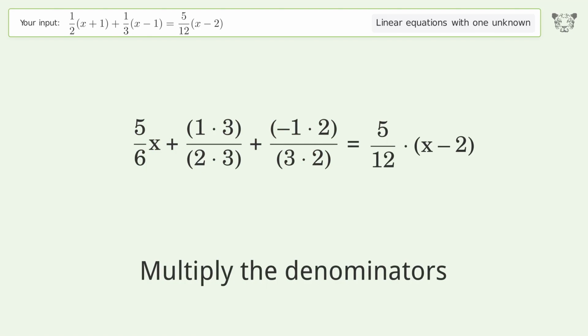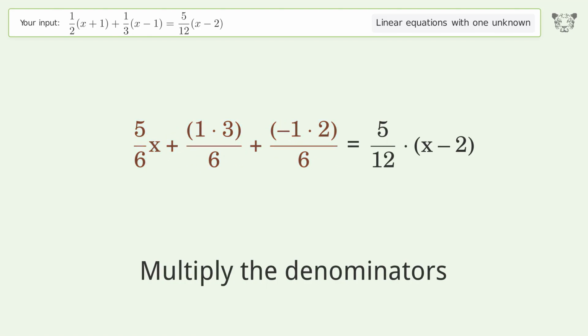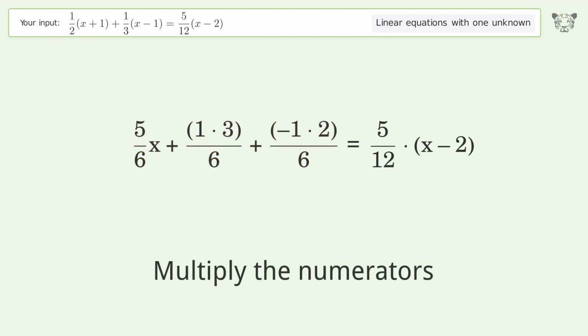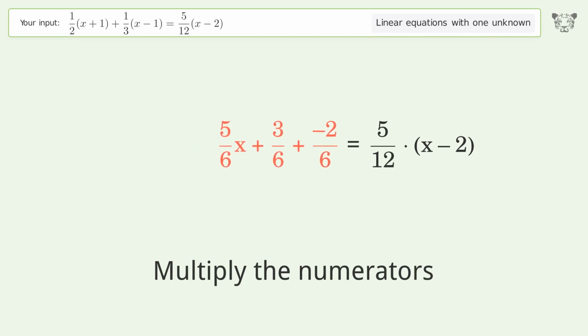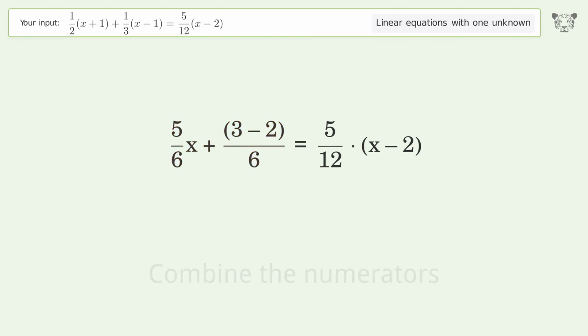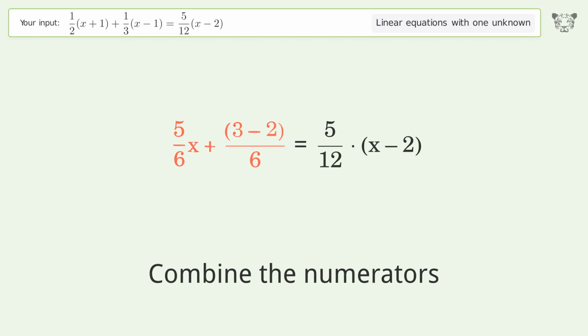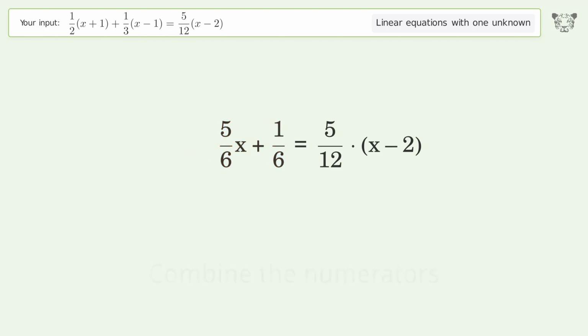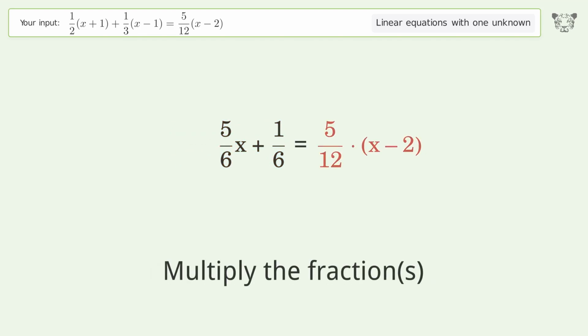Multiply the denominators. Multiply the numerators. Combine the fractions. Combine the numerators. Multiply the fractions.